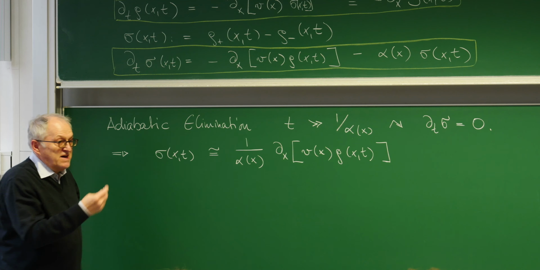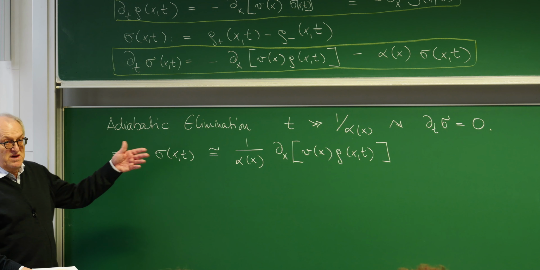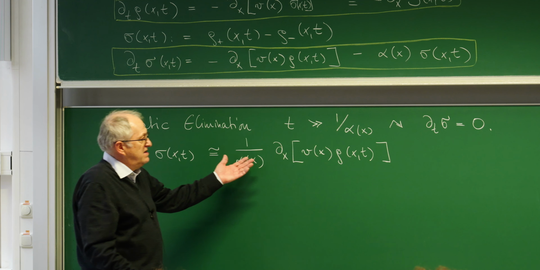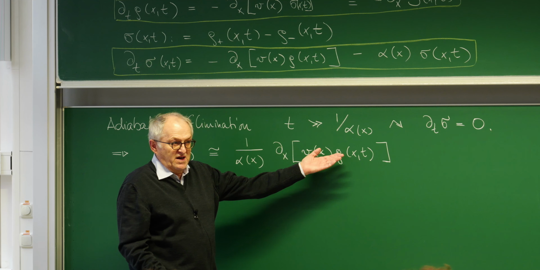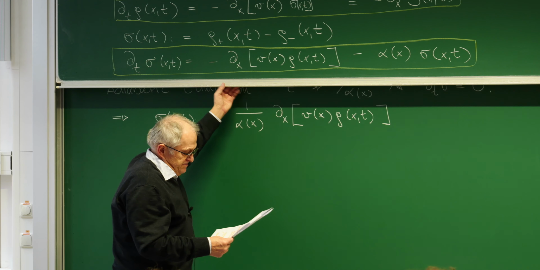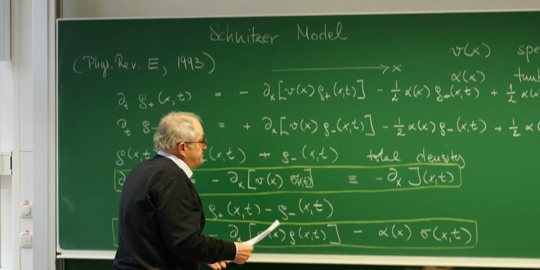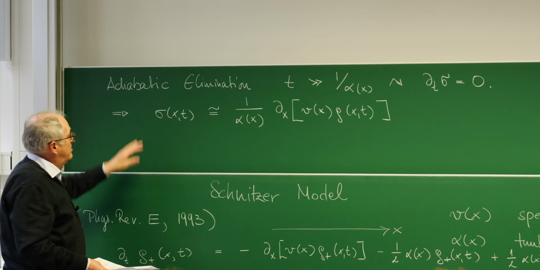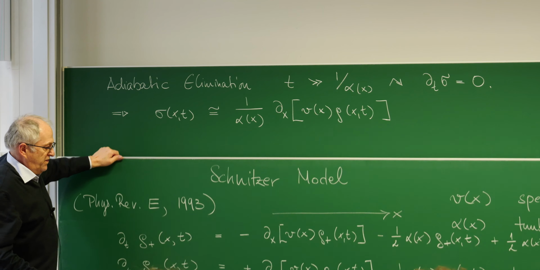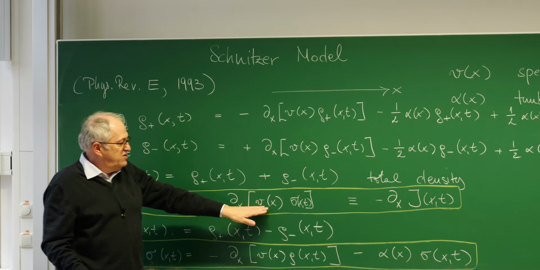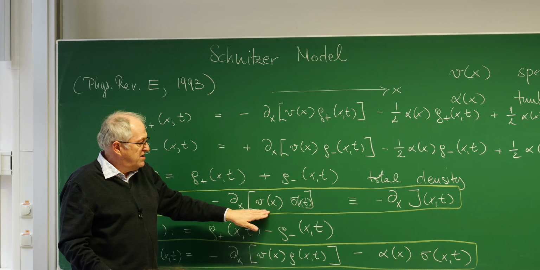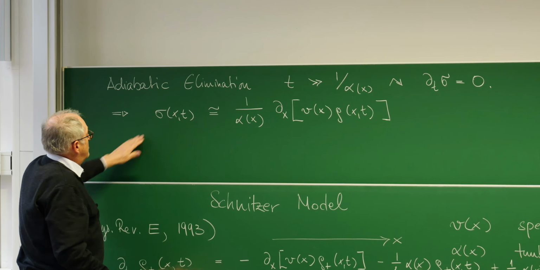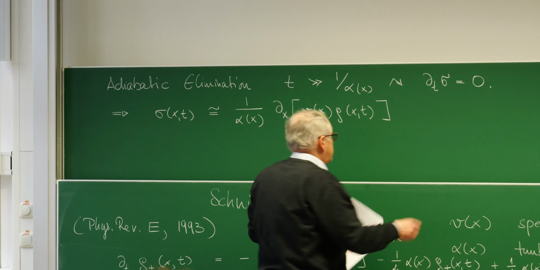Okay, that looks like I would have something of the type of a gradient of a chemical potential, but it's not, right? This is a gradient now of a velocity times rho. So once you have that, we know that the current from this equation here is just the velocity times sigma. So knowing sigma, we know the velocity.